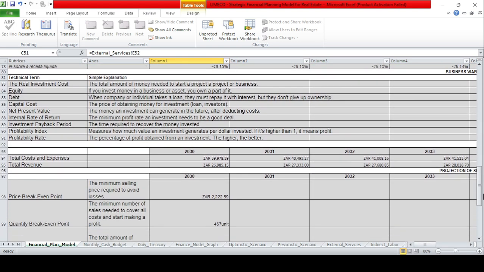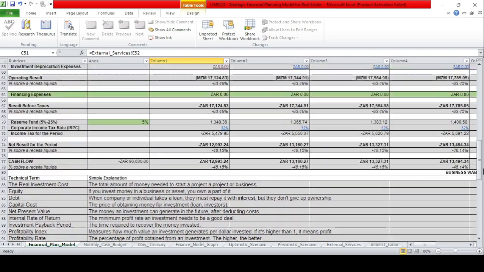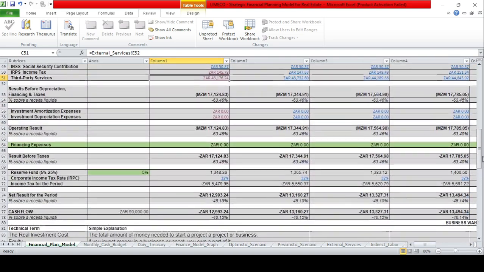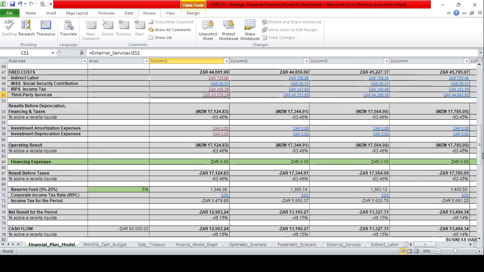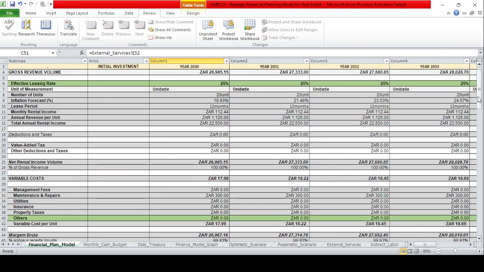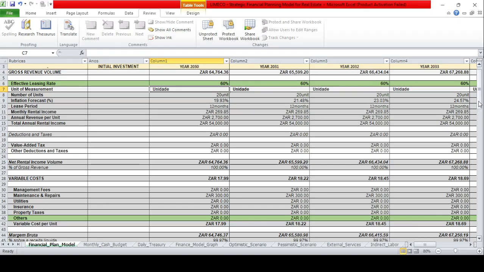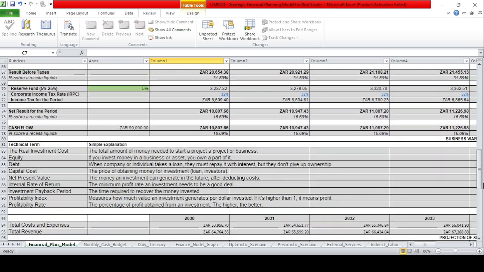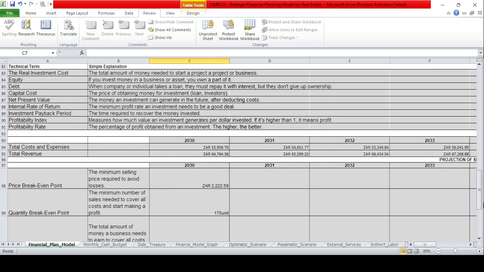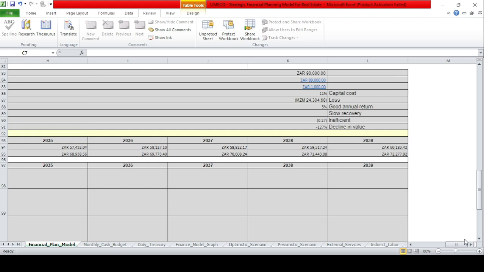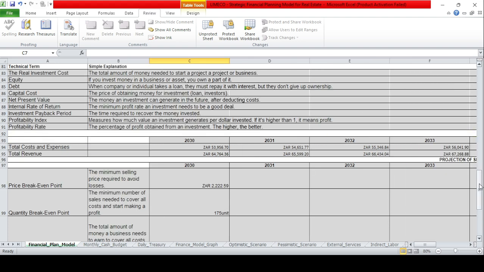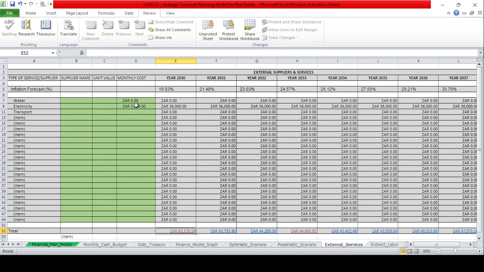It's unviable. So what if we increase it? Six rands. We must decrease it.